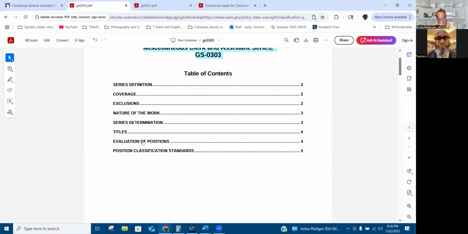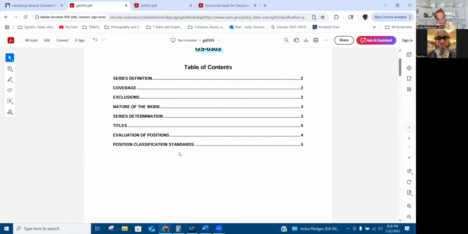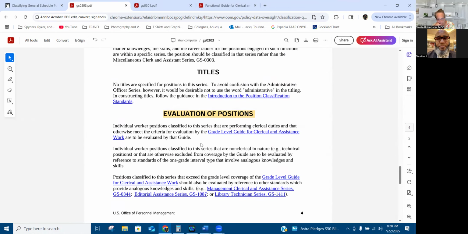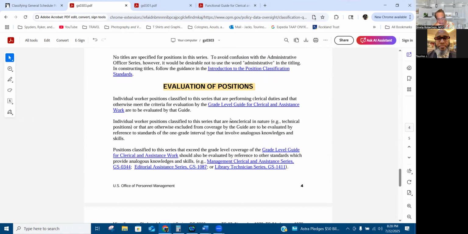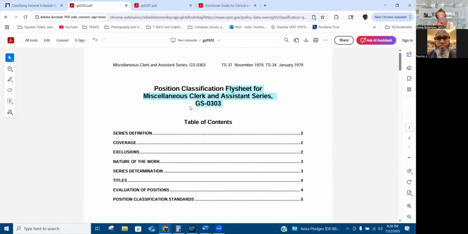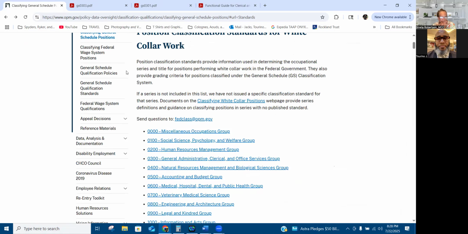But the main thing to zoom in on is the evaluation of the position, and that section will tell me basically how to evaluate the job. So most of the other ones that are clerical are going to be exactly the same as this, right? The only one that's going to be different is when it is the 301 series. Right, because that's administrative. It'll look different.